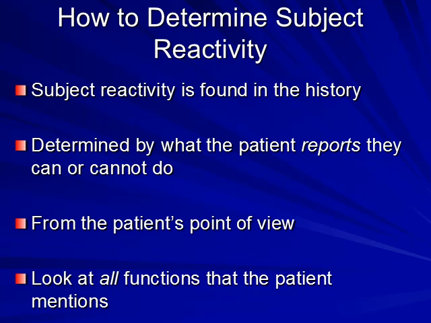Well, then it's low. That's their subject reactivity. But what if they say, I've had to stop going bowling, it hurts too bad, I can't bowl a complete game. Well, then it's still low for work as an administrative assistant, but the subject reactivity for bowling is now high. So they have two separate subject reactivities. You do not combine the two.